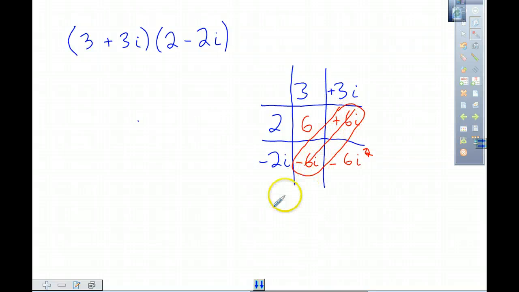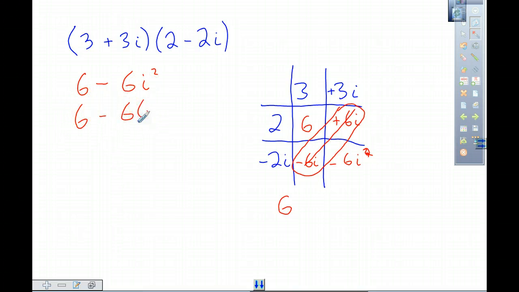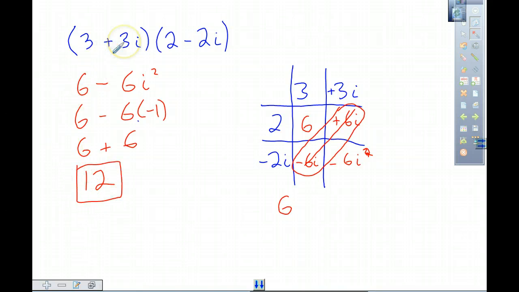Positive 6i and negative 6i. So we're left with just, right up here, 6 minus 6i squared. However, I squared equals negative 1. So we get 6 plus 6. Negative 6 times negative 1. So your final answer is 12. So you see how it's possible to add, subtract, multiply with imaginaries, and our answers can just come out to a real number.